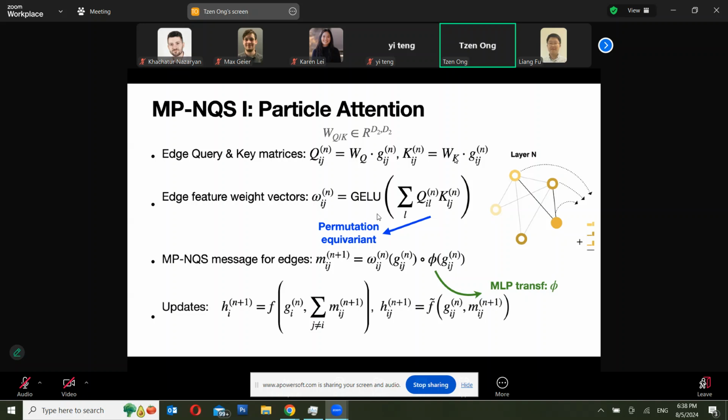This allows them to keep the parameter size small, and later on we'll see that's a reason why MP-NQS is fast and efficient. Note here that WK and WQ have no ij index on them. All the ij information comes from the hidden vectors, or the state vectors.